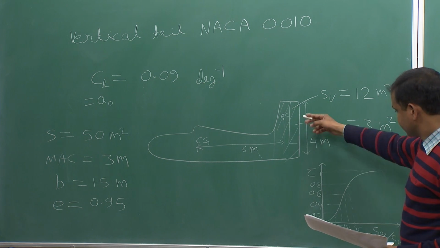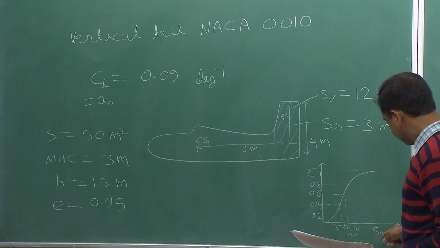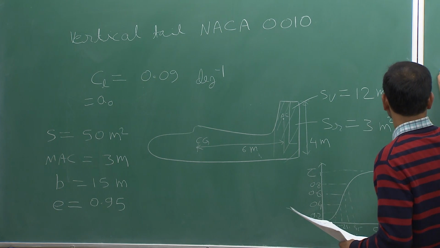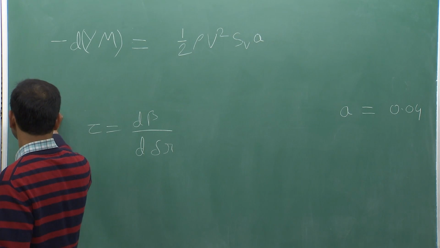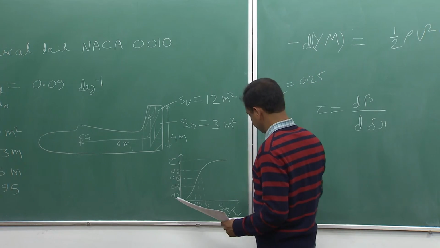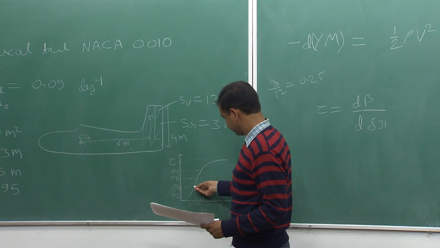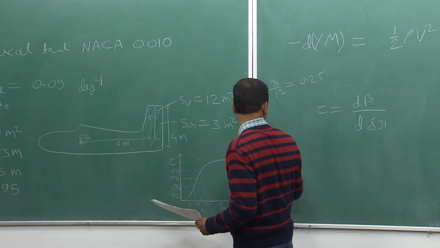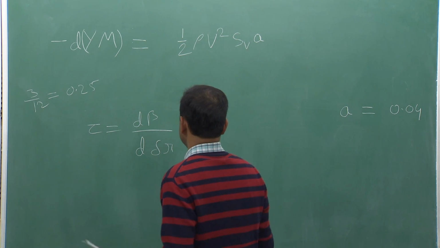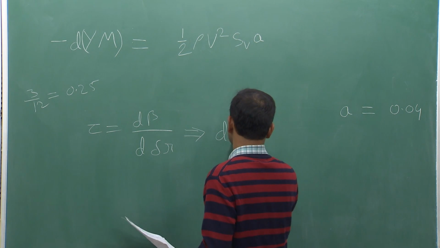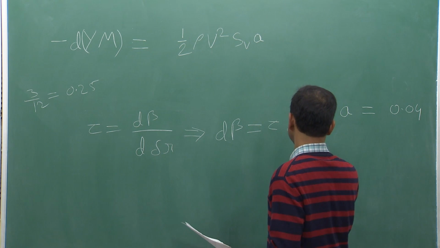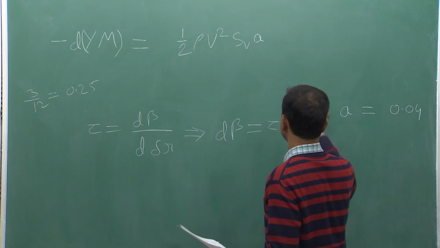For our vertical tail, this SR by SV, you can write it 3 by 12, and this is 0.25, and corresponding to 0.25, we have the value of tau 0.4, and from here we can find d beta, and this is tau into d delta r.